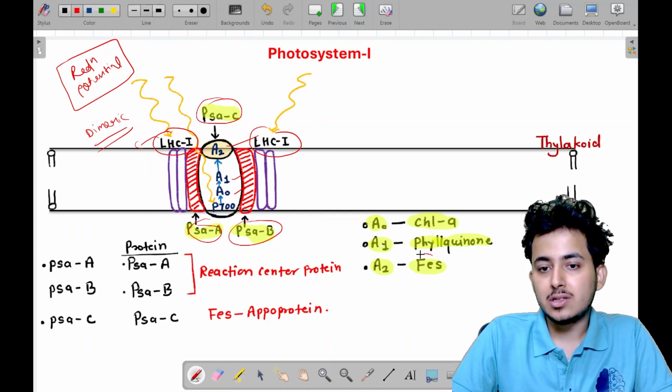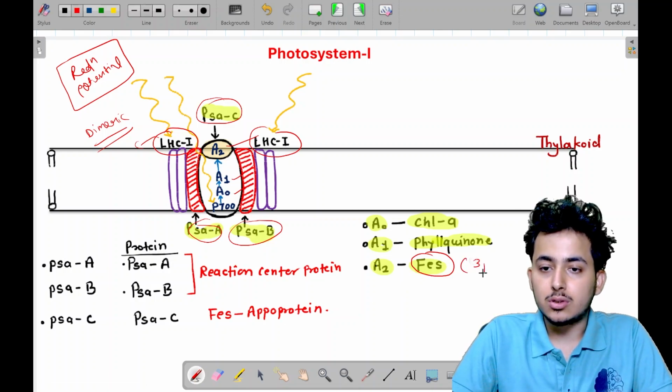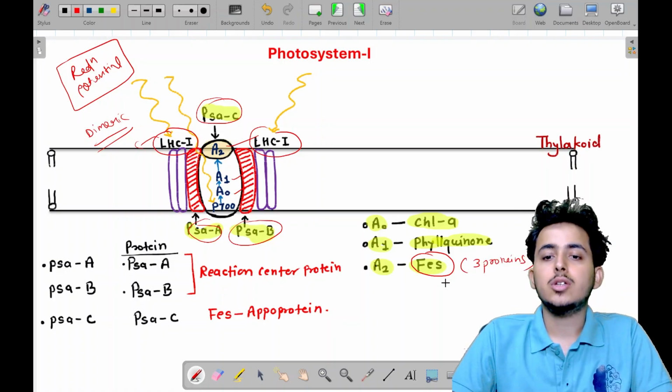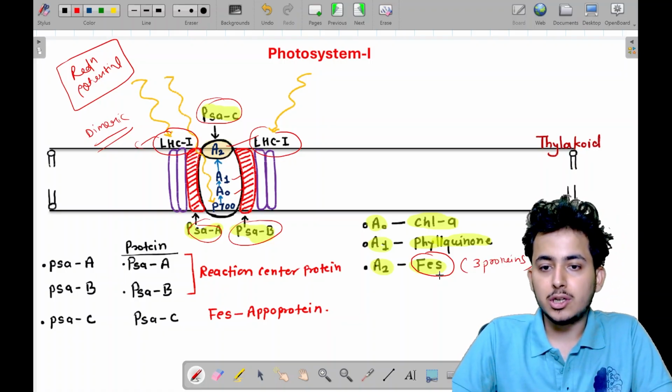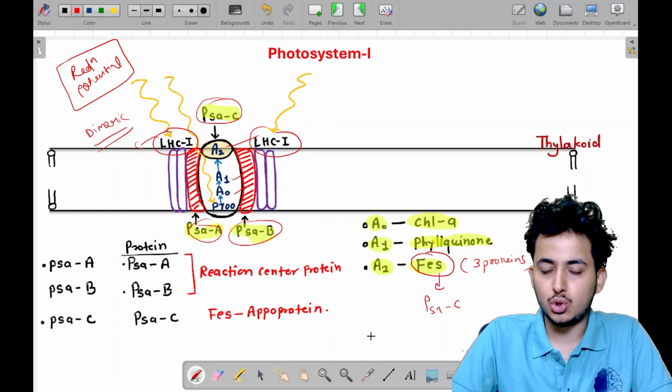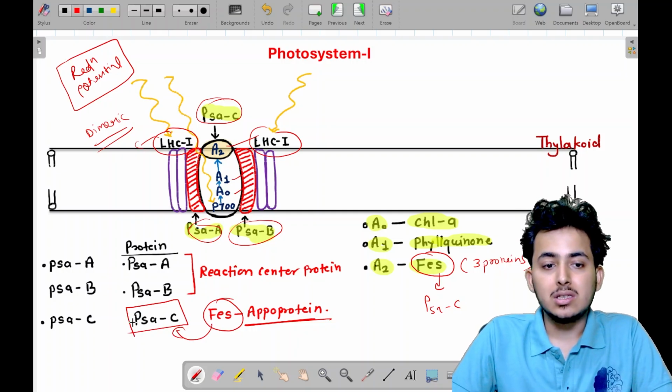That iron sulfur protein cluster consists of 3 proteins which lead to the transfer of electrons, and this A2 is associated with PSA-C protein.